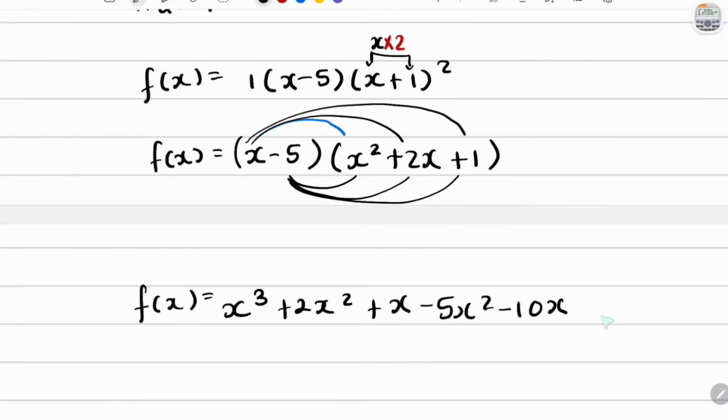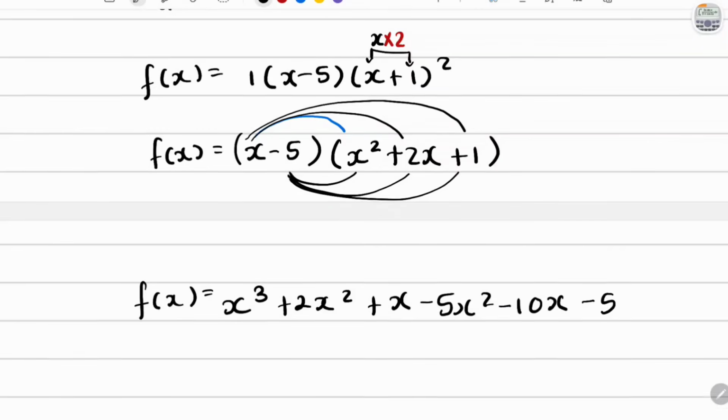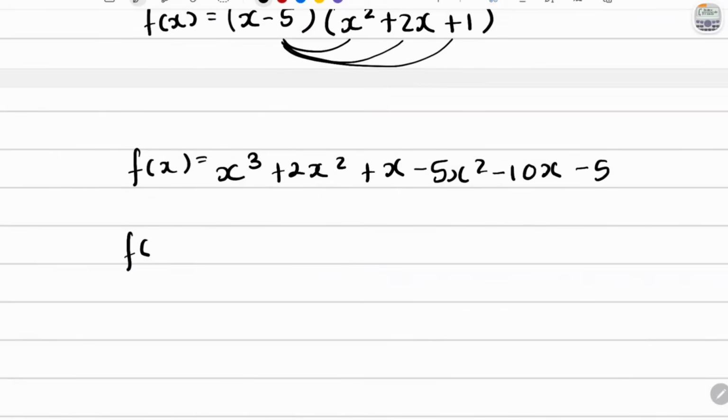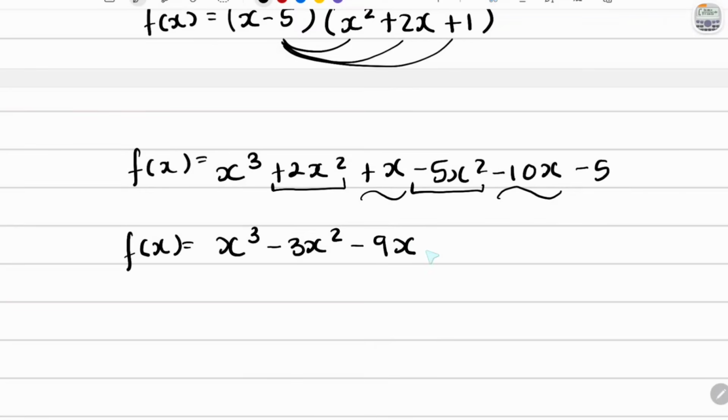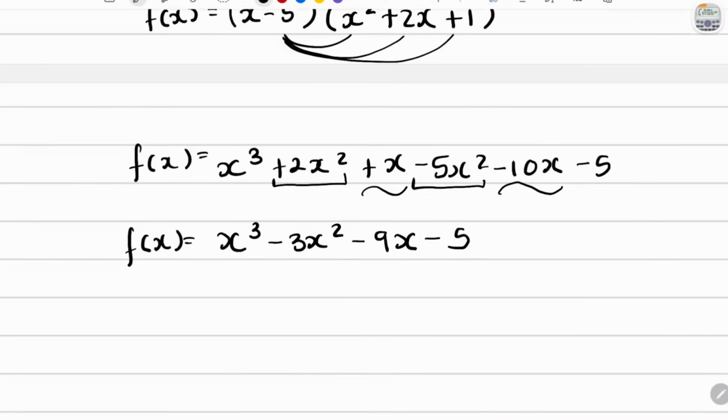And then negative 5 times positive 1 is negative 5. You see, we end up with the same constant. So we have f of x is equal to x cubed, which is the only thing with the cube. Then we have positive 2x squared minus 5x squared, which gives you negative 3x squared. And then positive x minus 10x gives you negative 9x. And we have minus 5.